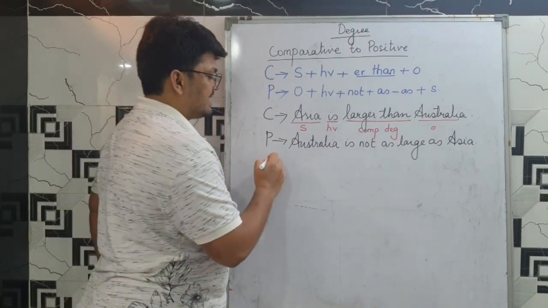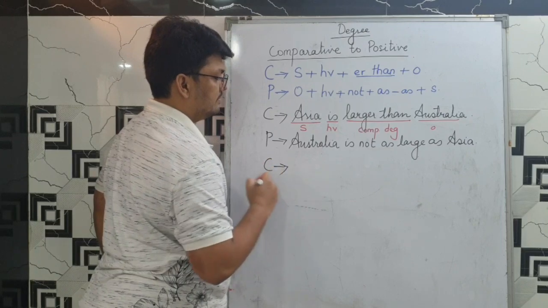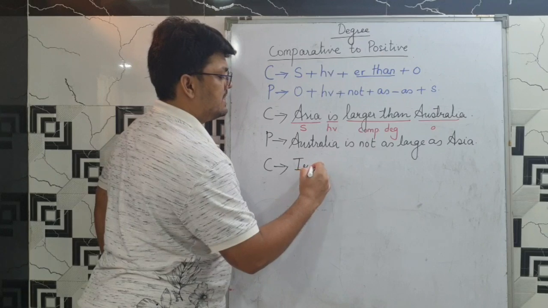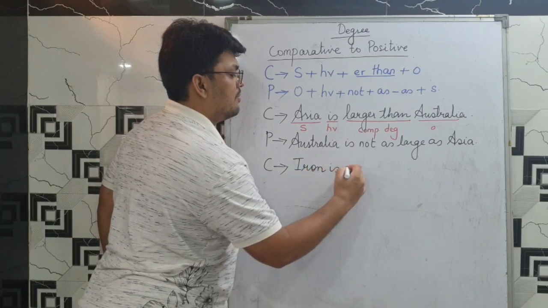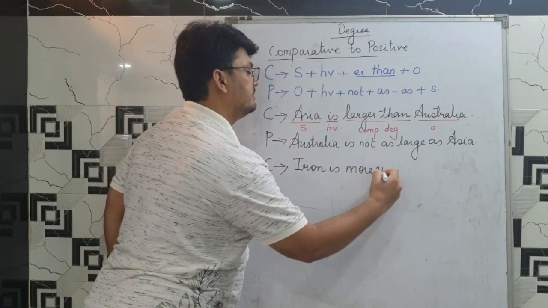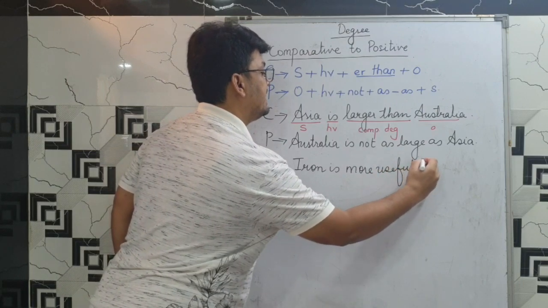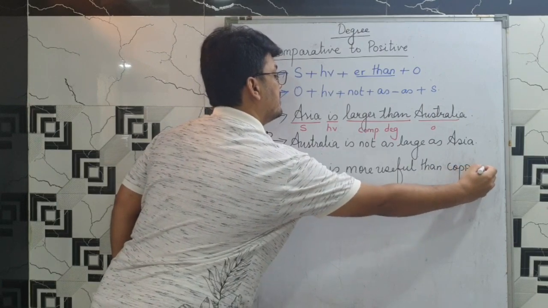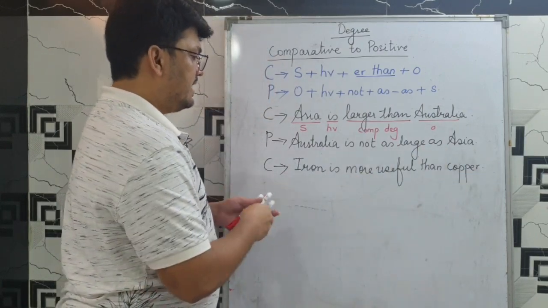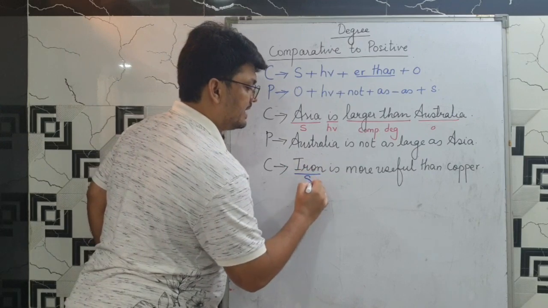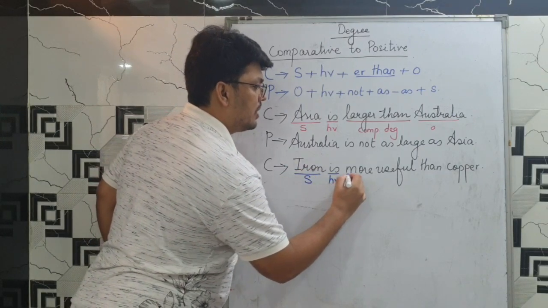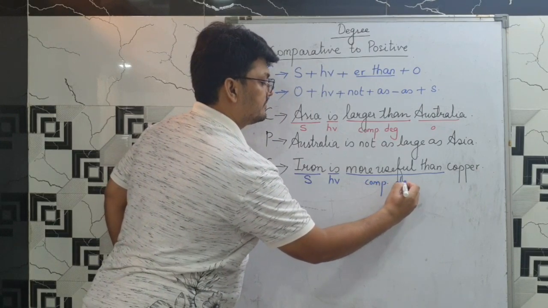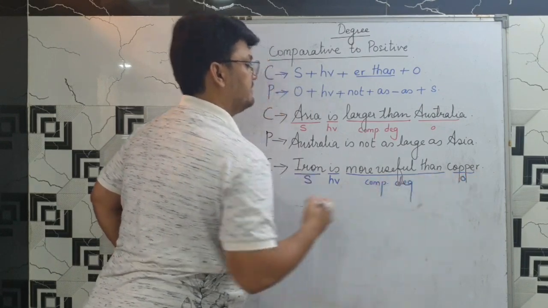Let's take one more example. Iron is more useful than copper. Okay, so here you can see iron is subject, is is helping verb, more useful than is my comparative degree, and copper is object.